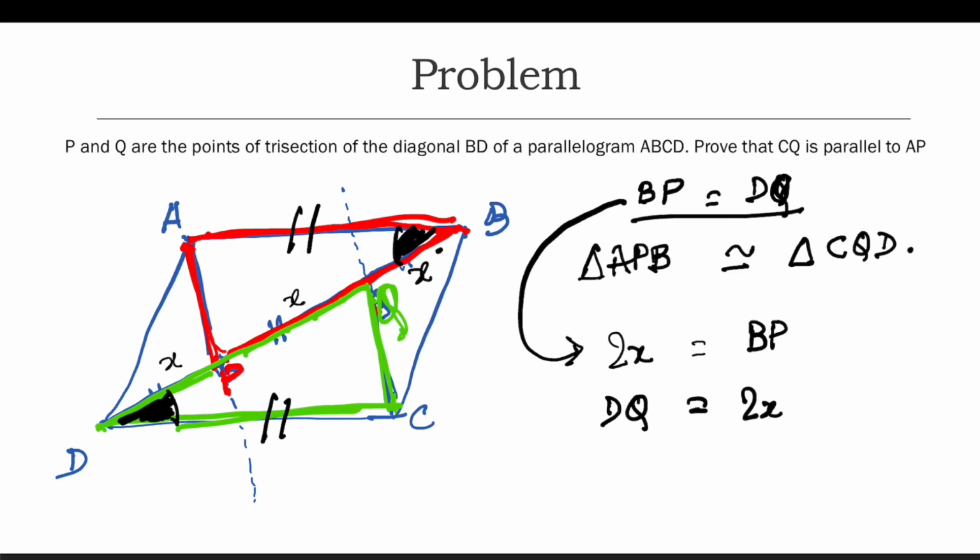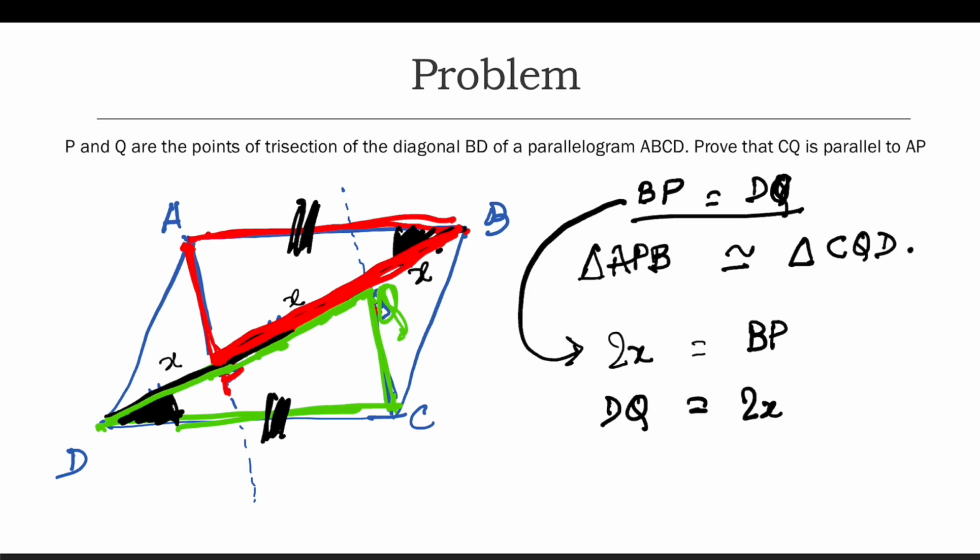So in the red triangle and in the green triangle, AB is parallel to CD. This angle is equal, and this side in the green triangle is equal to this side in the red triangle. So in the red triangle, this side is BP, that is equal to, in the green triangle, this side, right?